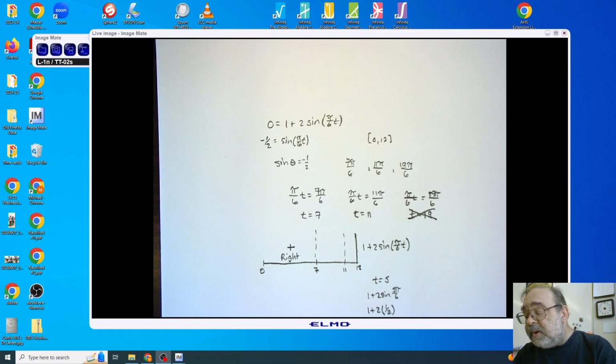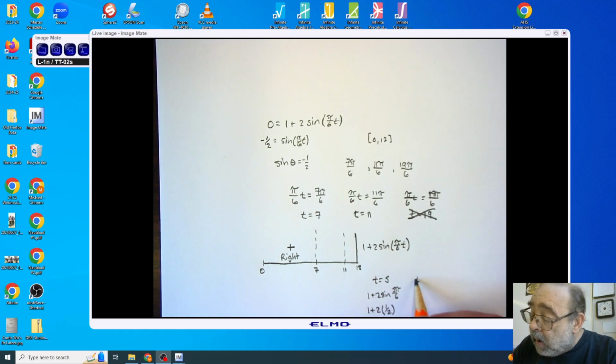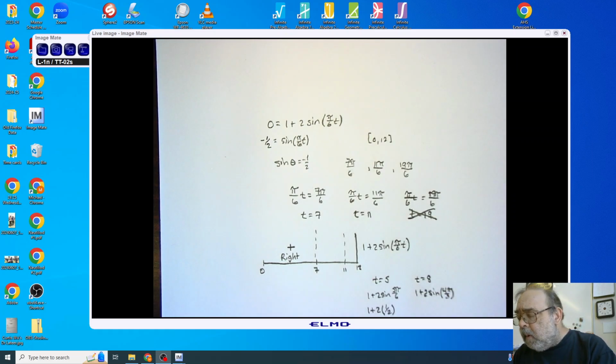But what about 7 to 11? Let's go ahead and choose the test value 8. When t equals 8, I'm looking at 1 plus 2 sine of 8 pi over 6, which gives me 4 pi over 3 reduced. But we know that sine of 4 pi over 3 is negative root 3 over 2. So we have 1 plus 2 times negative root 3 over 2, and therefore 1 minus root 3.